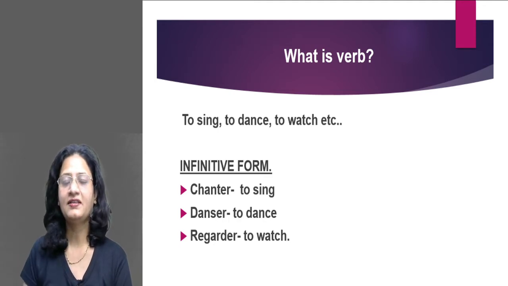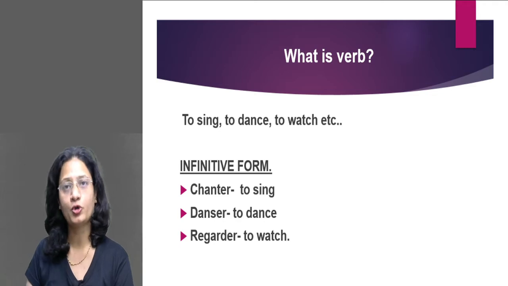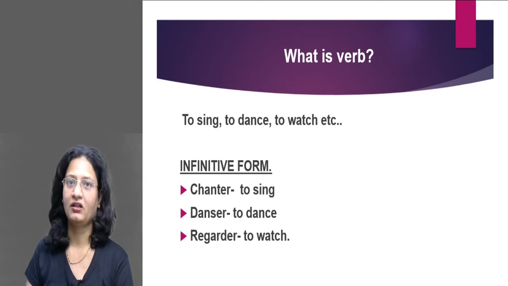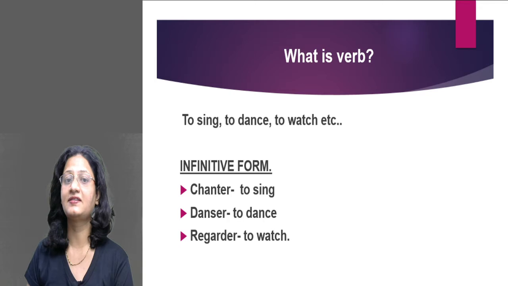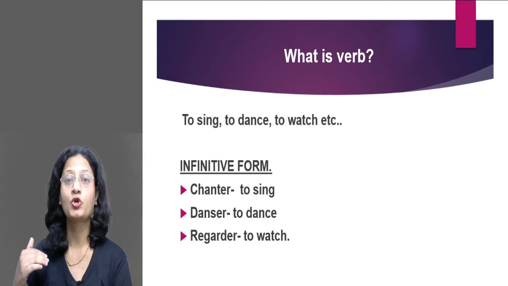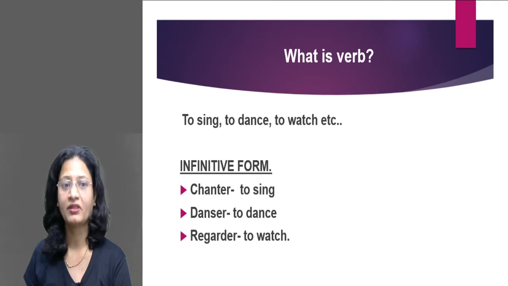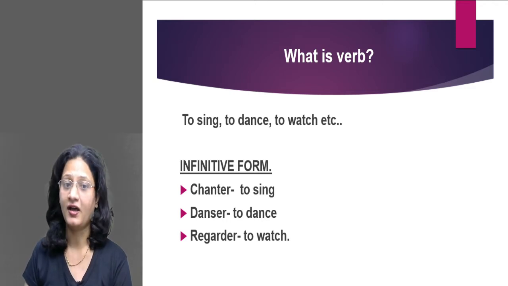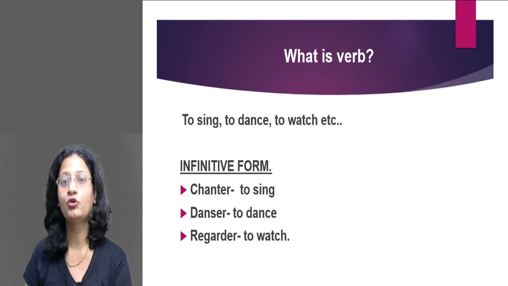Same, this ER verb we also conjugate with the subject pronoun. Like in English we have to sing, to dance, to watch. In French we have chanter, to sing, danser, to dance, regarder, to watch. But how to conjugate? Let's see.